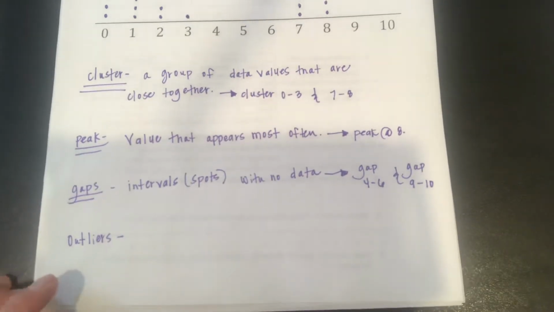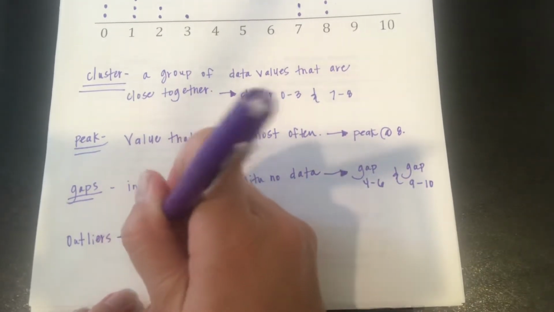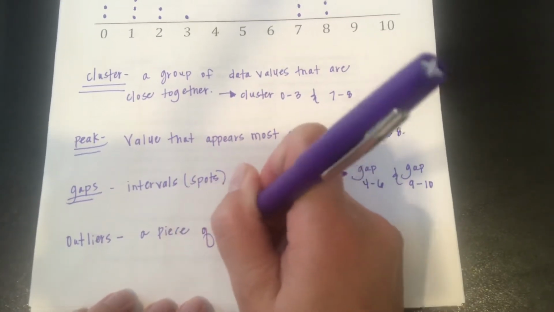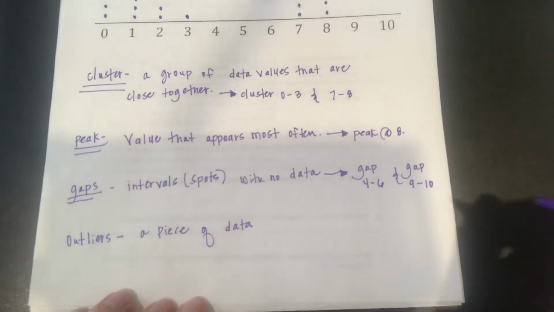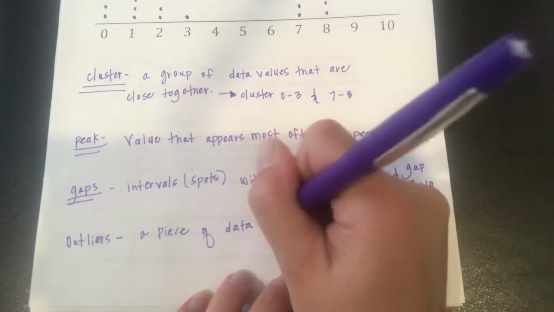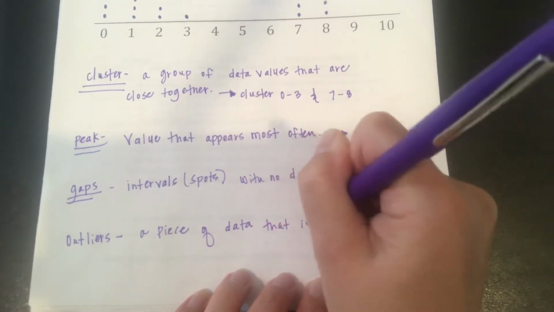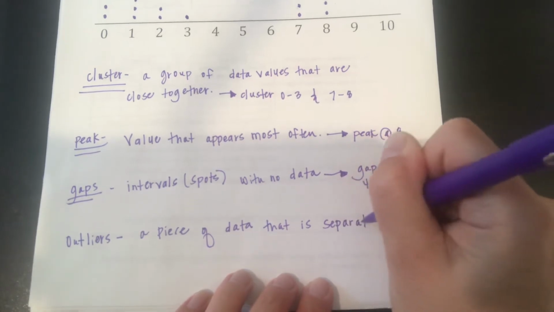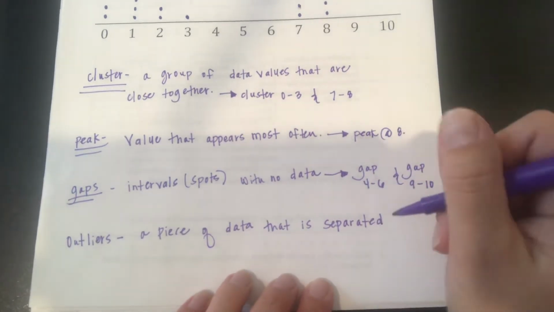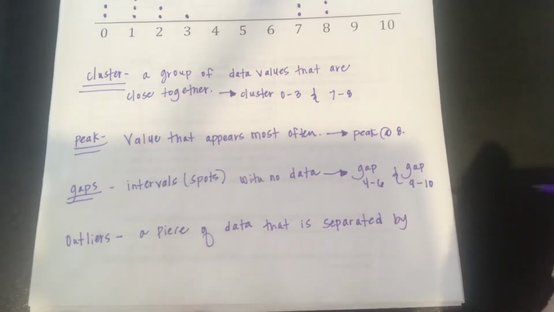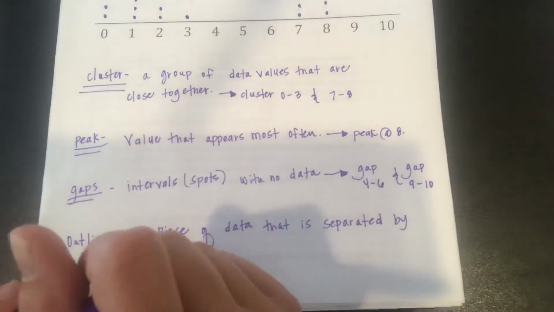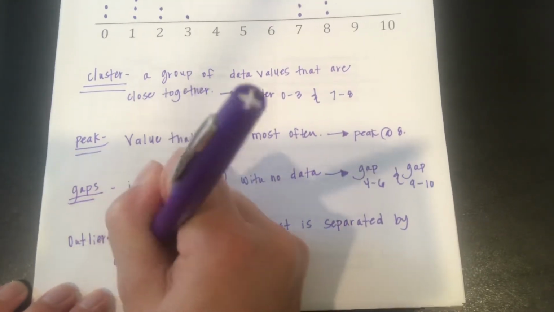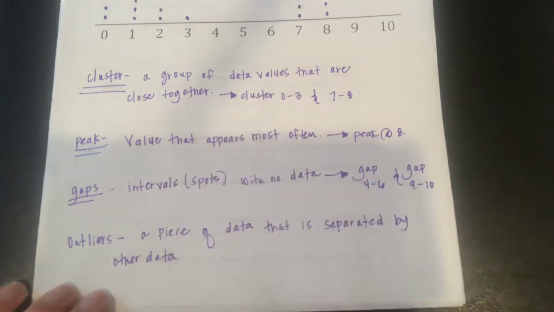An outlier is a piece of data that is separated by other data.